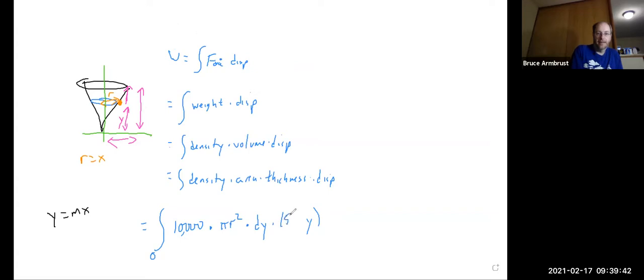These guys are 5 minus y, integral from 0 to 5 because it was 5 meters. And they told us that it's got a radius of 1. All right, so its slope is rise over run, which is 5. So the equation of that guy is y equals 5x.